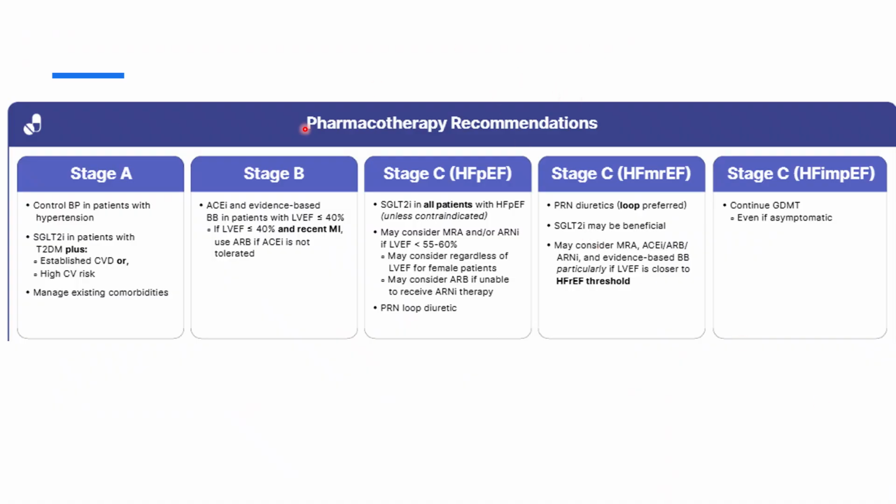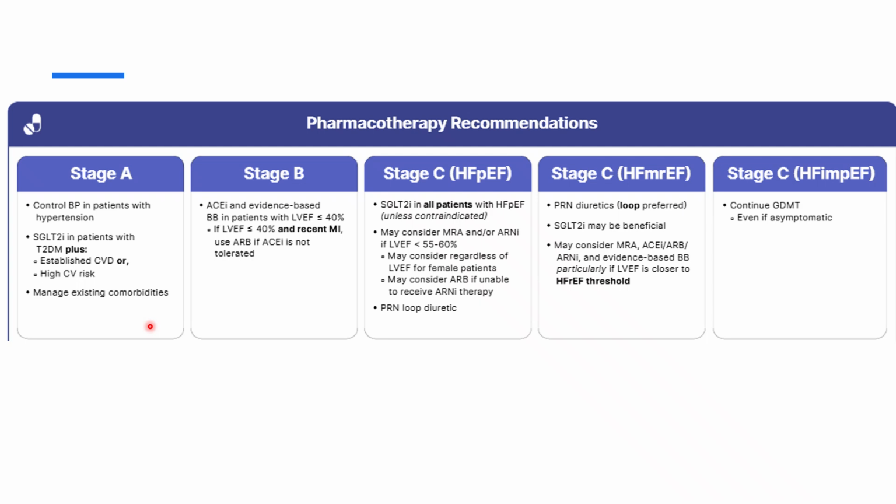Pharmacotherapy recommendation. So for stage A, we need to control blood pressure in patients that have got hypertension. Then SGLT2 inhibitors in patients that have got type 2 diabetes mellitus plus established cardiovascular disease or high cardiovascular risk, as well as managing existing comorbidities.